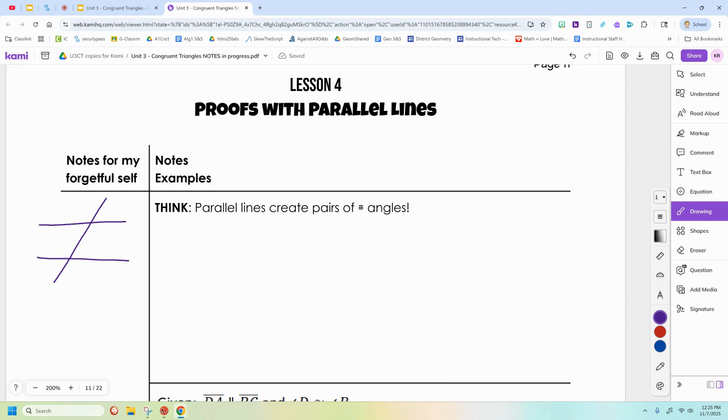The one that is probably most popular is alternate interior. Alternate interior angles are congruent.